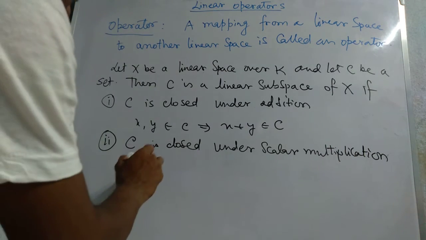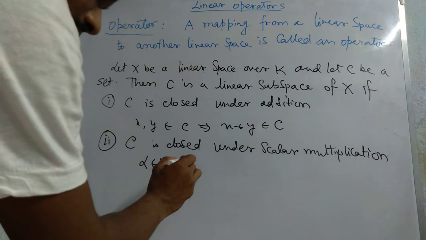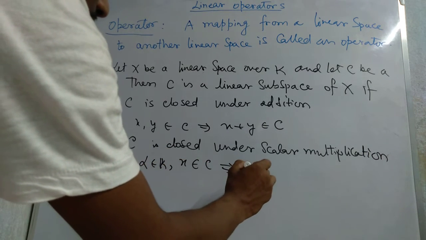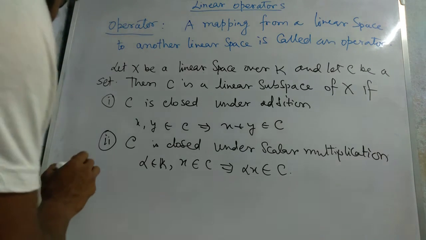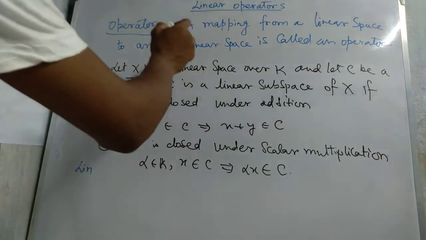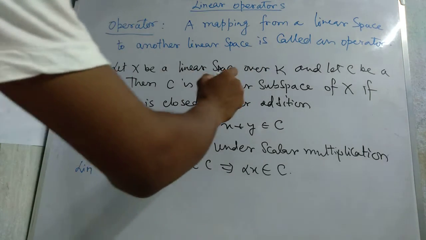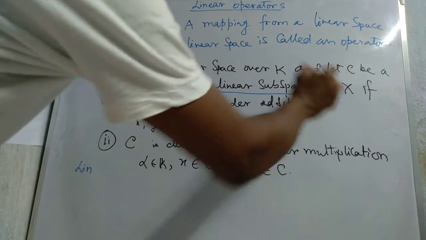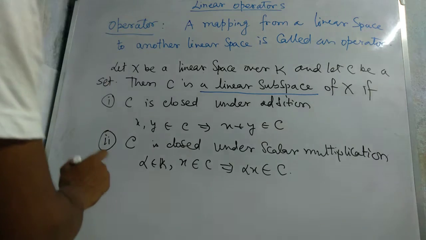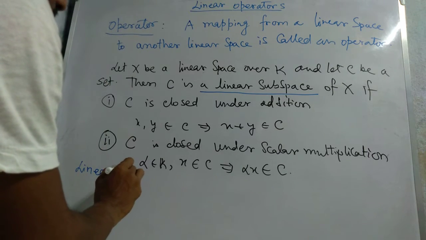That is, alpha belongs to K and x belongs to C implies that alpha x belongs to C. Now we are going to discuss the definition of a linear operator. First we talked about operators, and then some linear subspaces. Now we discuss the linear operator.